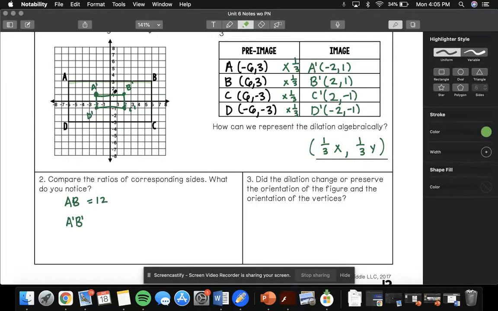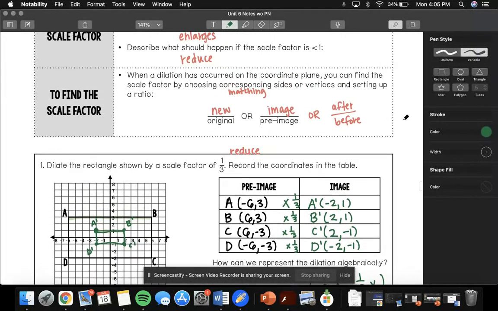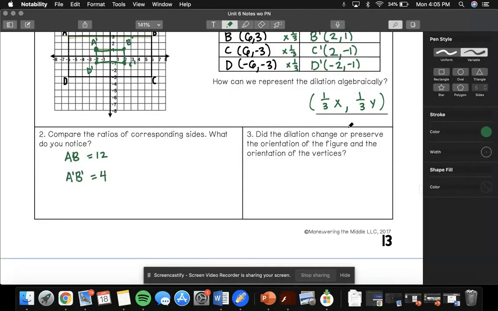So 1, 2, 3, 4. If I compare these corresponding sides, the ratio is always the after to the before. So if I put A prime B prime over AB, the after is 4 units long and the before is 12 units long. If I were to simplify that, I get my scale factor.